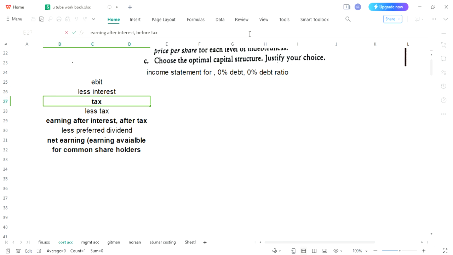So guys, okay, again we need to wrap it. Our statement has been completed. Earning after interest before tax needs to be put over here.